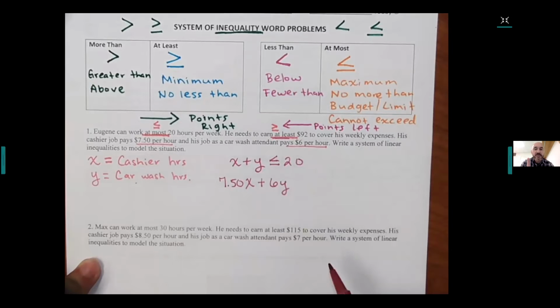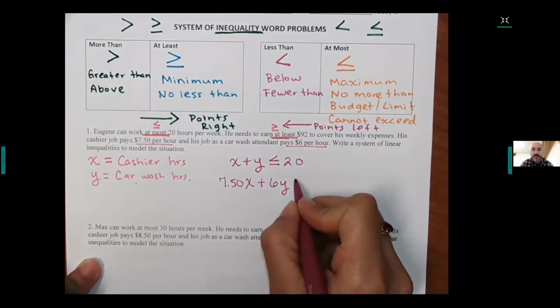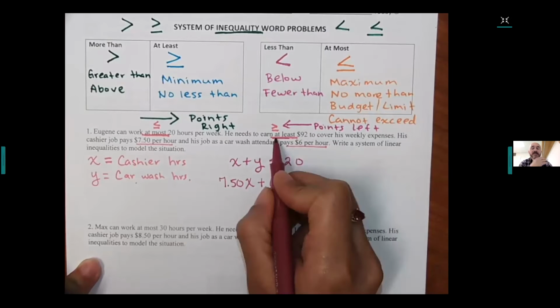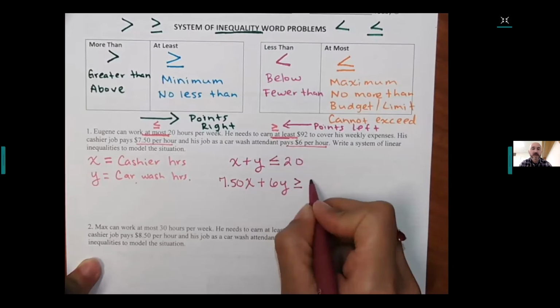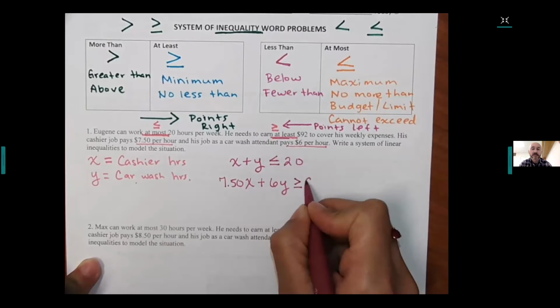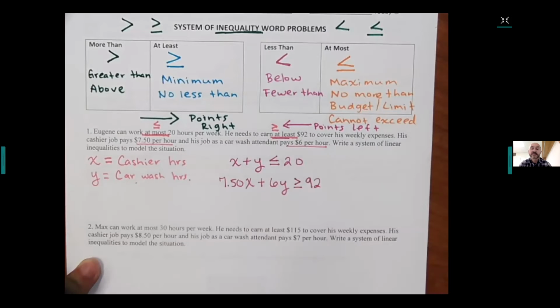And then it's going to be, at least. So at least is going to be minimum, no less than. So greater than or equal to 92. Because that's the minimum that she wants to get.